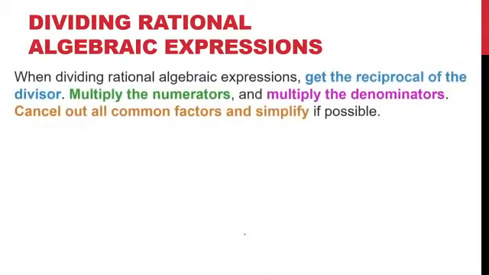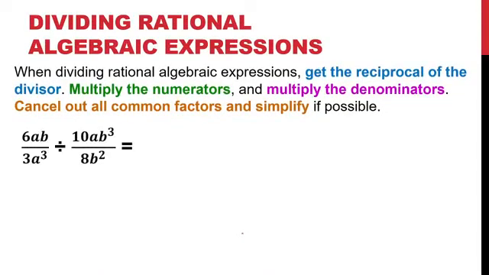Now, let's have an example. Let's divide 6ab over 3a cubed divided by 10ab cubed over 8b squared. So what we are going to do here is simply rewrite the first fraction, then get the reciprocal of the second fraction, this one.